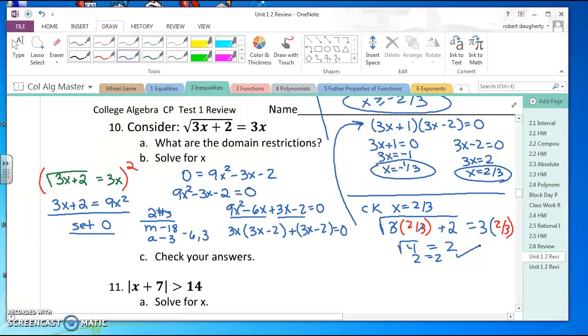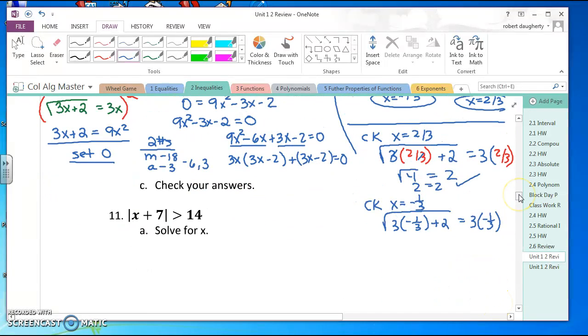Now I need to check x equals negative 1/3. So I'll plug that back into the original equation. So the square root of 3 times negative 1/3 plus 2 equals 3 times negative 1/3. Inside the parentheses, the 3 and the 3 cancel.